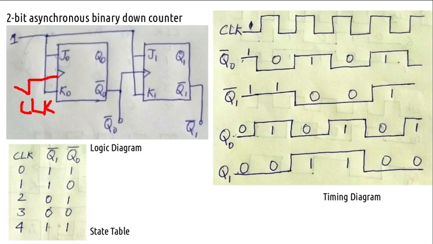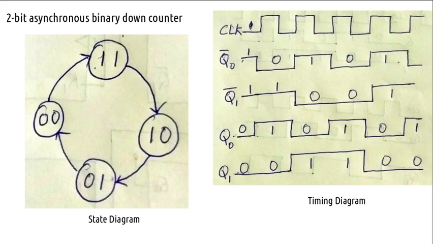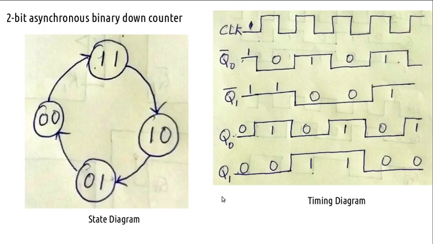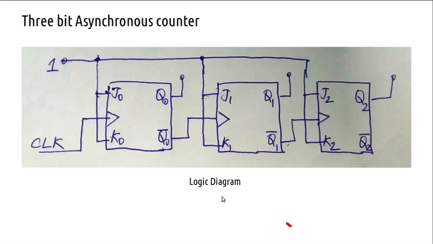So a mod 8 counter will have how many states? Mod 8 counter will have 8 states. Which will be the first state?